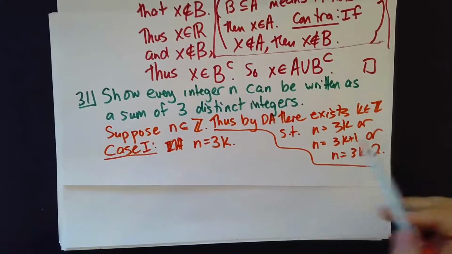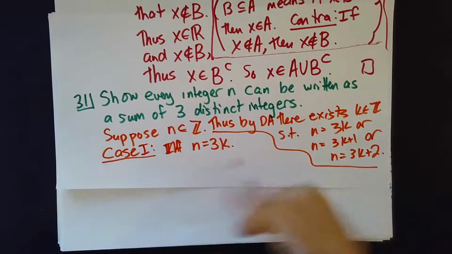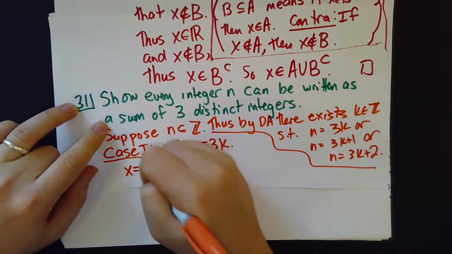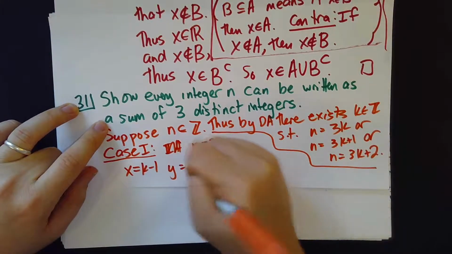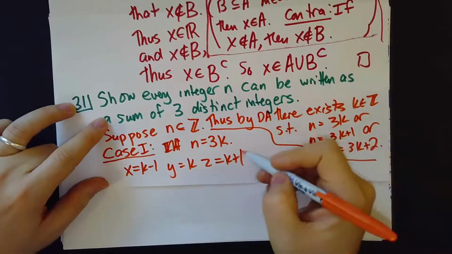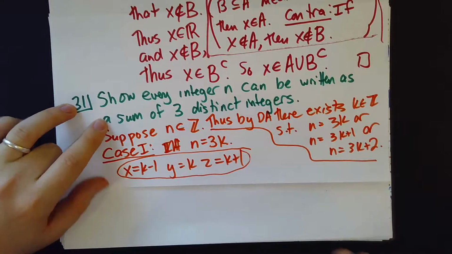So in the 3k case, that is the 0 mod 3 bucket, if you want to give it a name, then we can take x to be k minus 1, y to be k, z to be k plus 1, and then the sum of these is n.